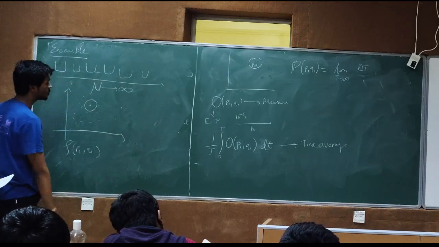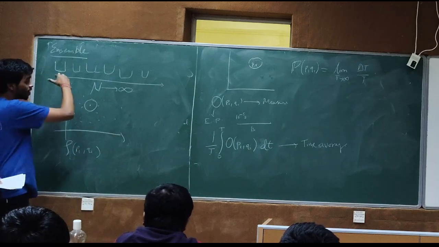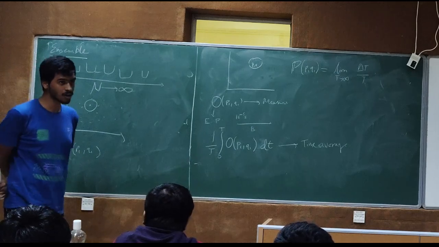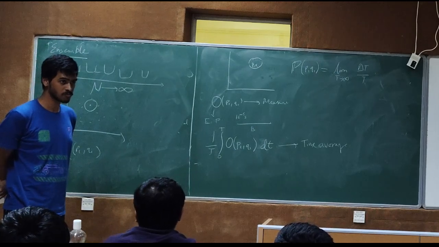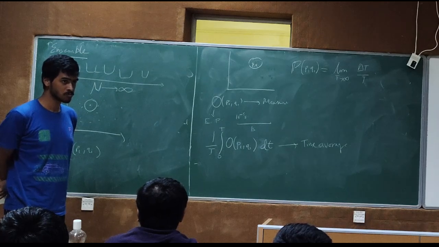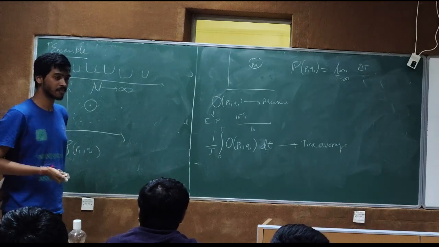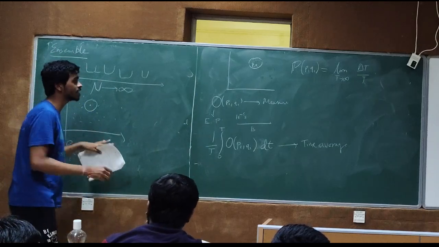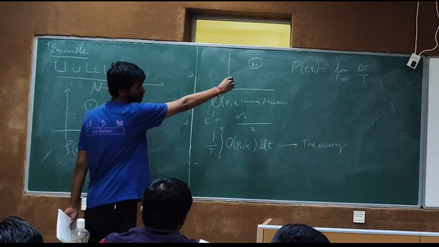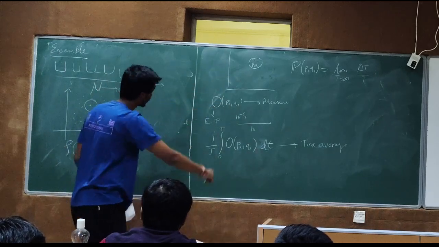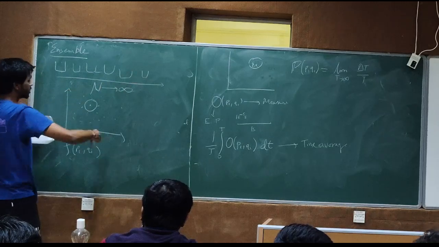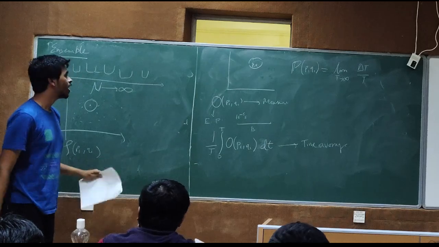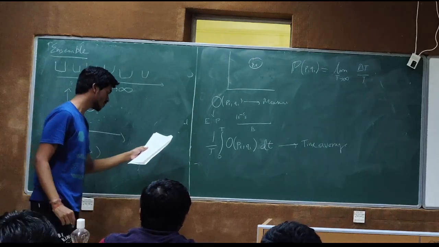You have a large number of systems, and all these points are at one instant. Since the number of systems is infinite, they may cover the entire phase space, similar to the earlier case. What I'm trying to say is that what happens for a single system over a long time is equivalent to multiple systems at a single instant of time.